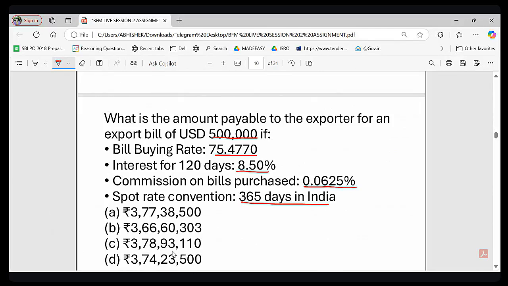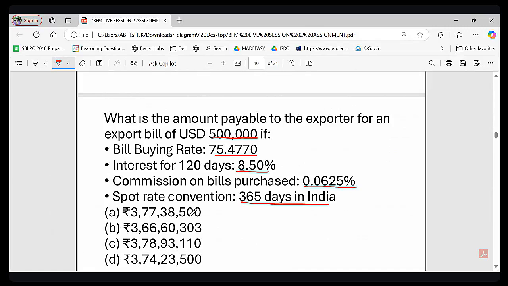So take a minute to think and try solving this. Okay, fine. So now let's start.